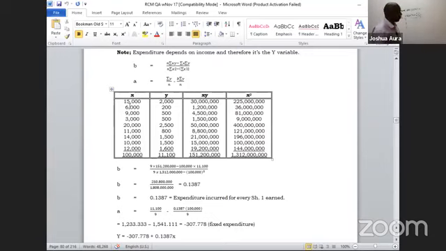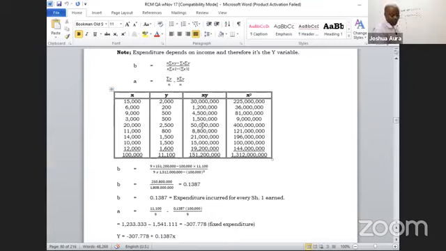Y is my expenditure, just like it has been defined in the question. The only thing that I did was to introduce the two important columns for regression, that is XY and X squared.